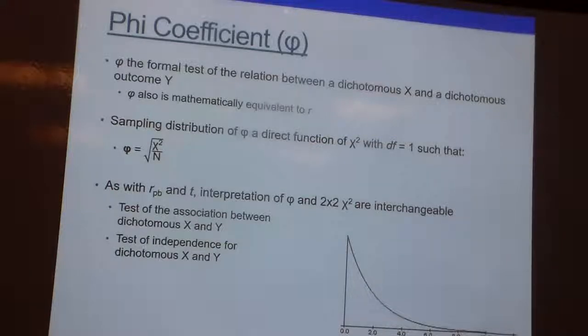I use this all the time. If I'm running a 2 by 2 chi-square, this is the effect size that I write. I call it Phi because it's technically a Phi coefficient, but Phi is identical to r. Mathematically, it's just a special case of r. People comfortable with this? Okay.